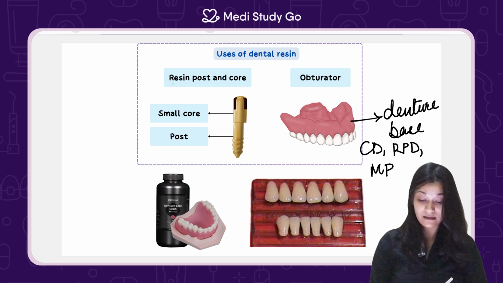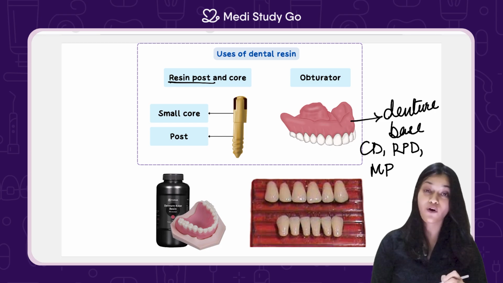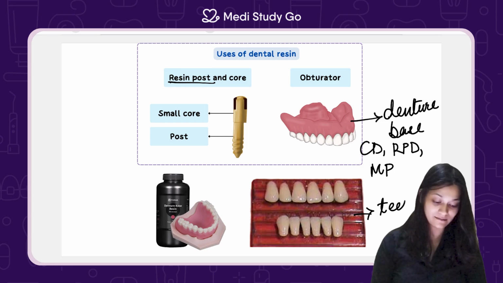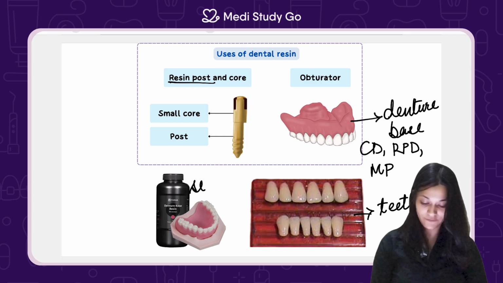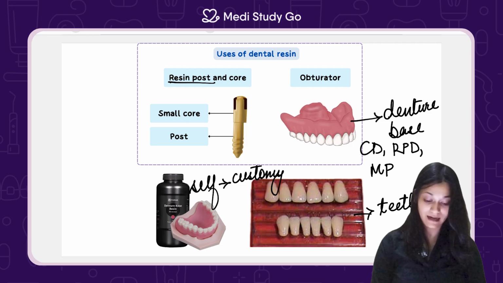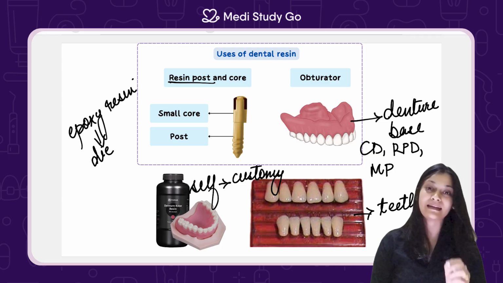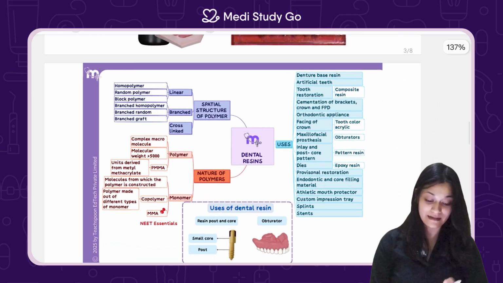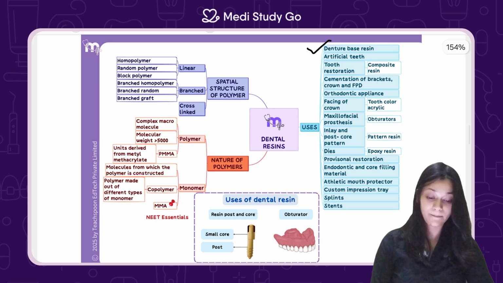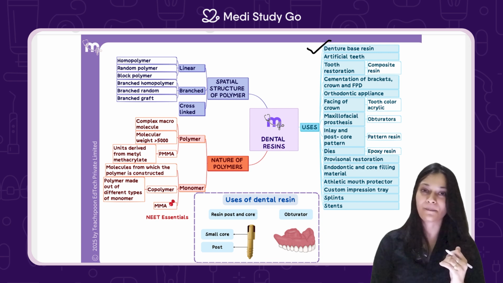Also, the resin post that is used for intracoronal restoration, your acrylic teeth set, the self-cure resin that you use to make your custom tray, along with your epoxy resin that you use to make dye. All of these are nothing but your dental resins. So dental resins have all these functions apart from being just your denture-based resin, which is a subcategory.